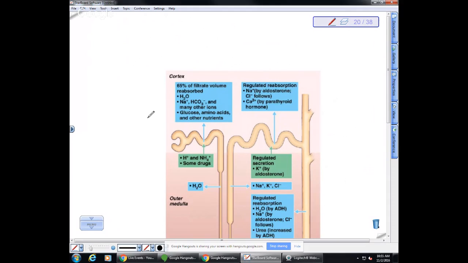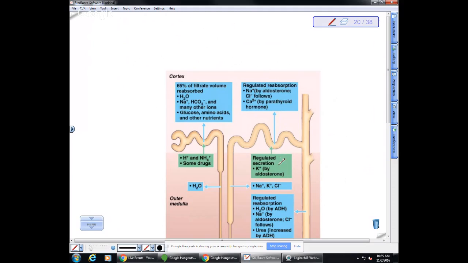So notice how stuff comes out: salt, bicarbonate ions, hydrogen ions, glucose, amino acids, and other nutrients. Even water has to be reabsorbed, right? And then we also have a little bit of reabsorption taking place in the DCT and also in the collecting duct. But most of it, 65% of it, takes place in the PCT, okay?